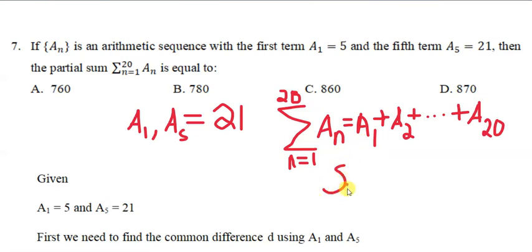To find an arithmetic sum, we know that Sn, the sum of the first n terms of an arithmetic sequence, is n over 2. We have already seen one of the formulas in a previous example. 2 times a1 plus n minus 1 times the common difference d.